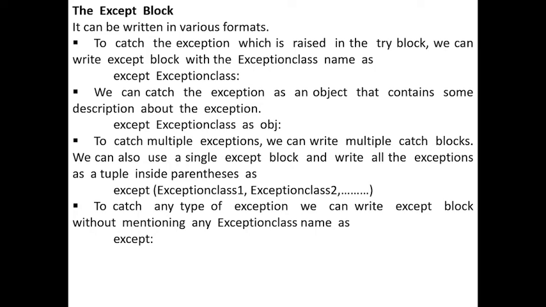We can also use a single except block and write all exceptions as a tuple inside parentheses. This is the format: except (ExceptionClass1, ExceptionClass2, ...). You can give as many exceptions as you want. To catch any type of exception, we can write the except block without mentioning any exception class name, as except.